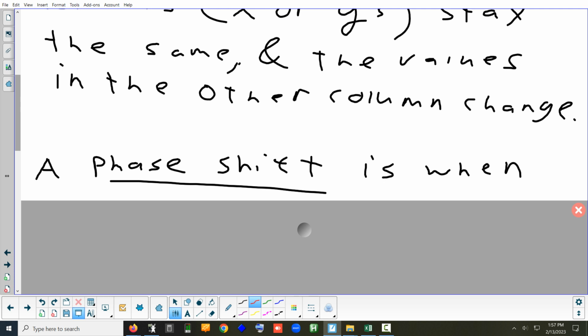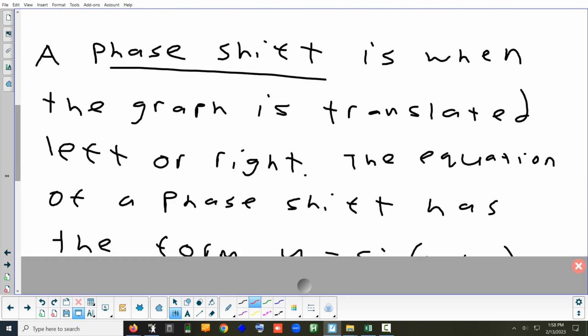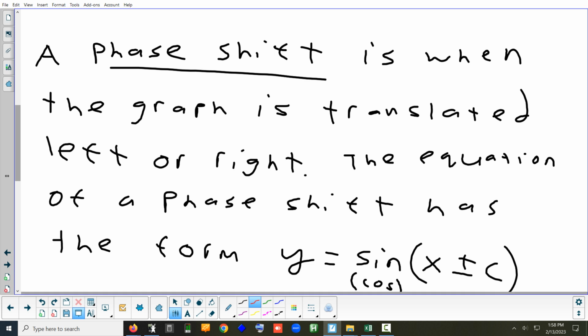They call it a phase shift. So a phase shift is what you call shifting left and right in this section. And that's what a phase shift looks like.